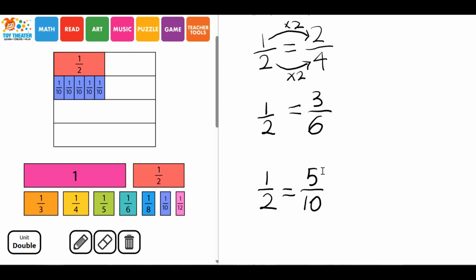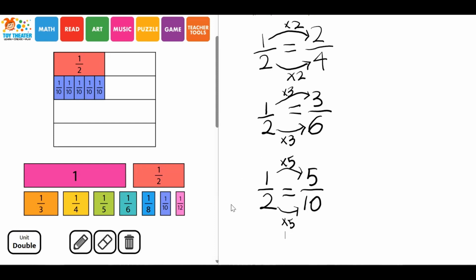What do you think I'll multiply my numerator and denominator by? I will multiply it by 3. And last but not least, 5/10. I will multiply by 5.